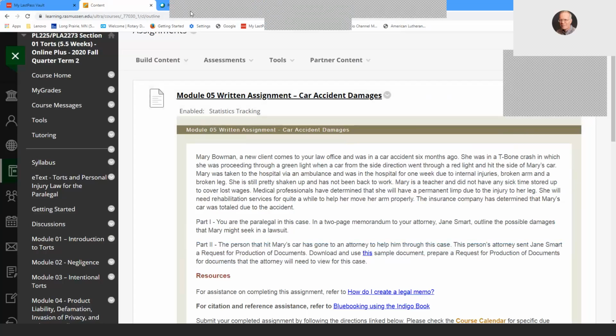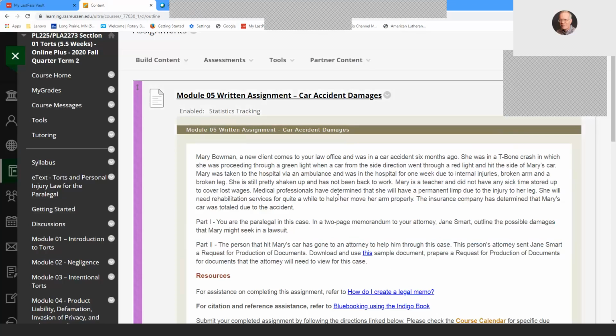We're going to try to find the documents that would stop her from claiming extra money. We're going to cross-check the medical documents for one thing. She has a limp and then moving her arm properly.